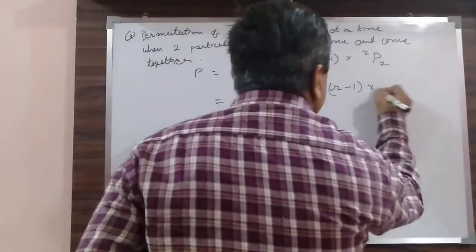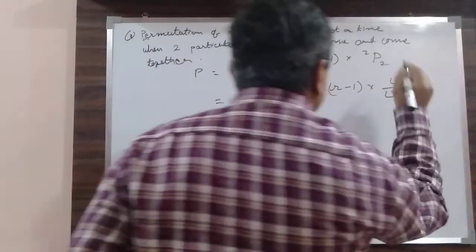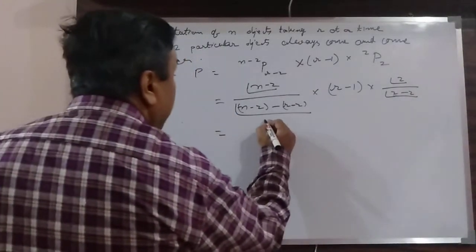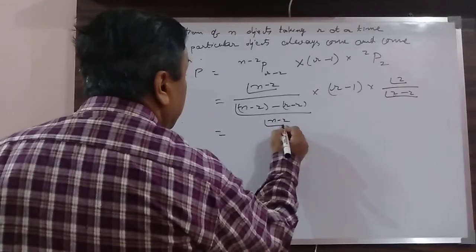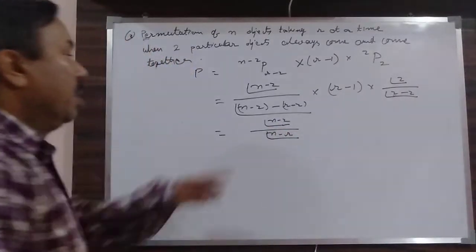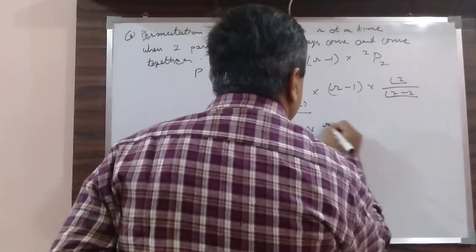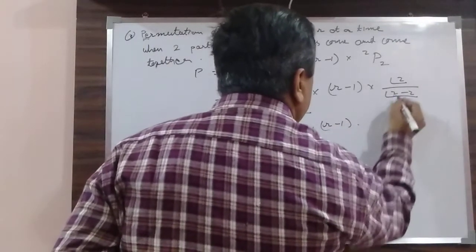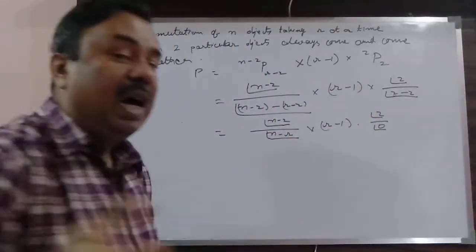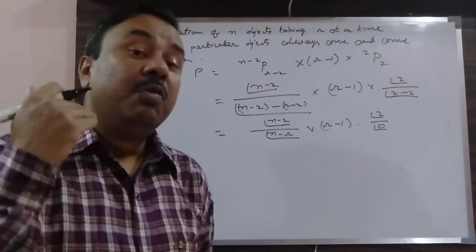The third thing is factorial 2 divided by factorial 2 minus 2. Then this will become factorial n minus 2 divided by factorial n minus r, because 2 will be cancelled out, multiplied by r minus 1 multiplied by factorial 2 divided by factorial 0, which I have explained that factorial 0 is always equal to 1.